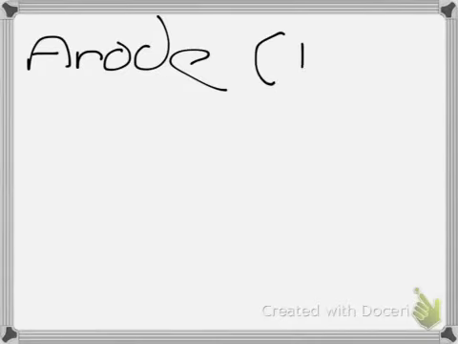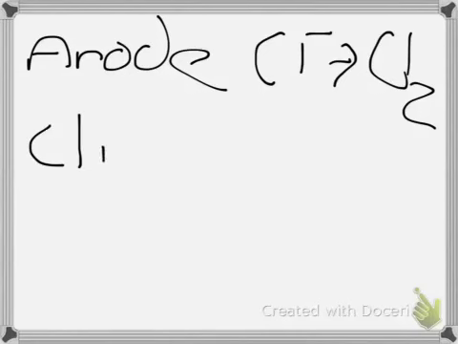We could do exactly the same for the anode reaction. At the anode my Cl⁻ was going to Cl₂. Again, I need to look at my atomic numbers to work out the number of electrons. Chlorine has an atomic number of 17.